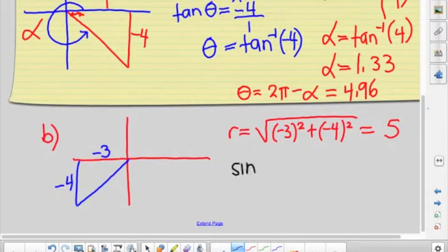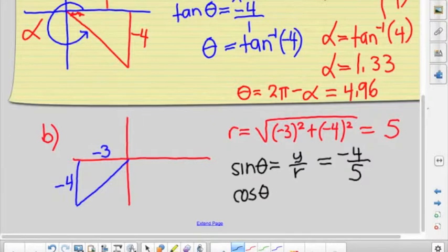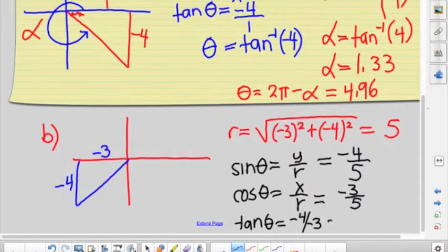So sine theta is equal to y over r, which is -4 over 5. Cos theta is equal to x over r, which is -3 over 5. And tan theta is equal to -4 over -3, which is positive 4 over 3, opposite over adjacent.